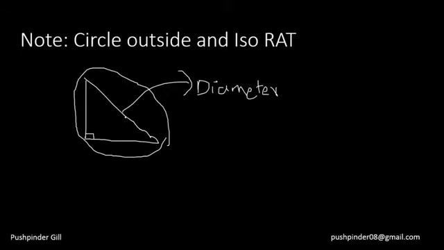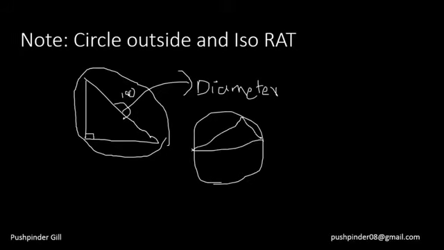Remember this property, that if this is theta by 2, so this is 180 at the center, this will always be 90 degrees. So let's suppose I say that this is a circle and this is the diameter. No matter what triangle you make here, that will always be a right angle triangle.